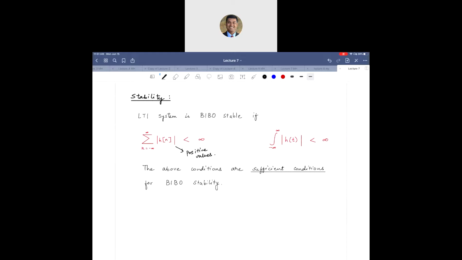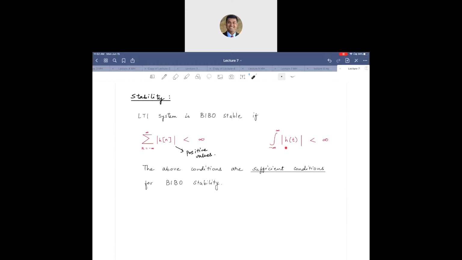And if you add up all the positive values inside that h of n from n equals negative infinity to infinity, if that is less than infinity, that means that it is a bounded input, bounded output stable system.